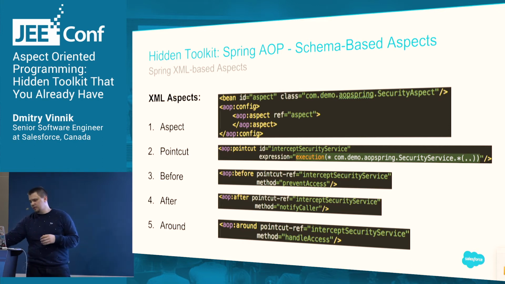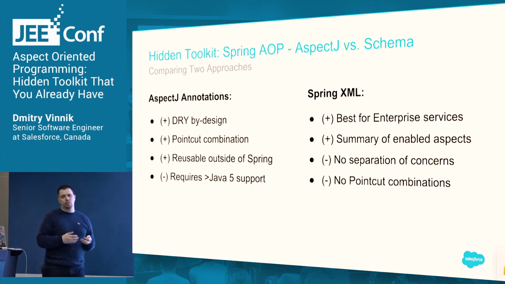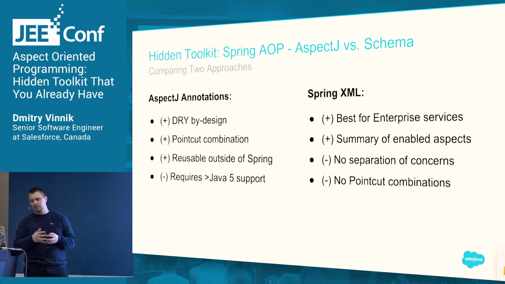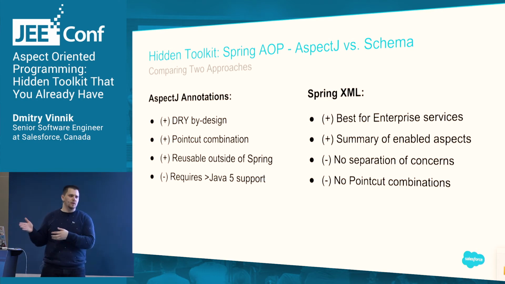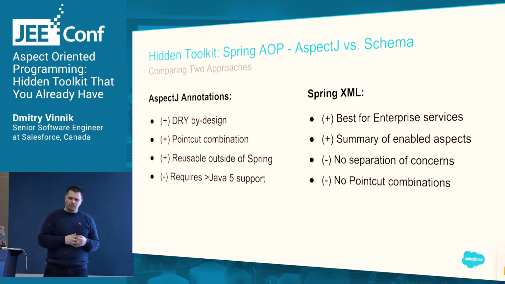But there is always some caveat here, right? When you're comparing and thinking what to use, it might be slightly debatable, but some points are quite obvious for all of us. If you use the AspectJ annotations, basically plain Java in this case, it's object-oriented by design. You can use inheritance the same way you would use it in Java.